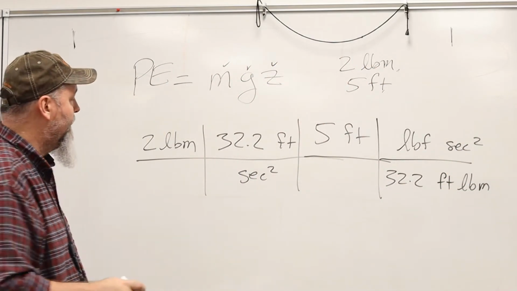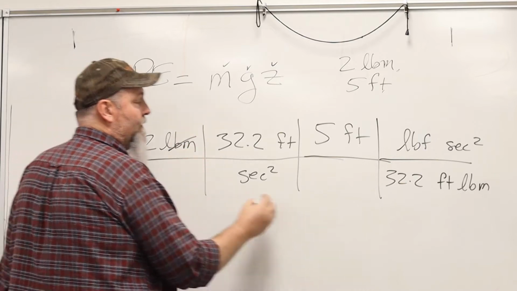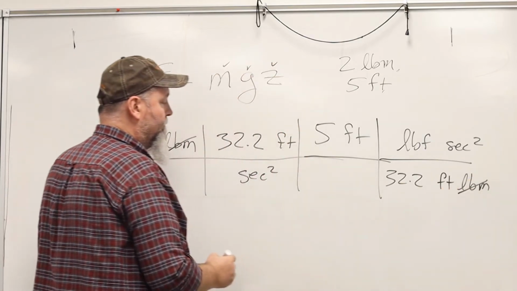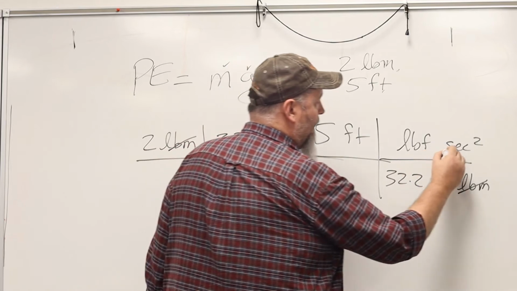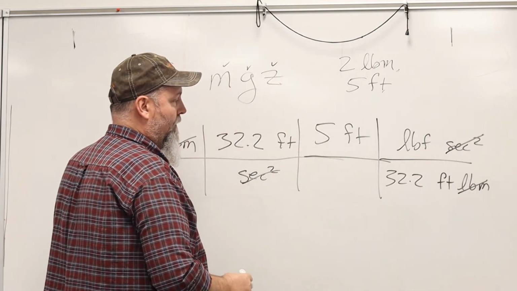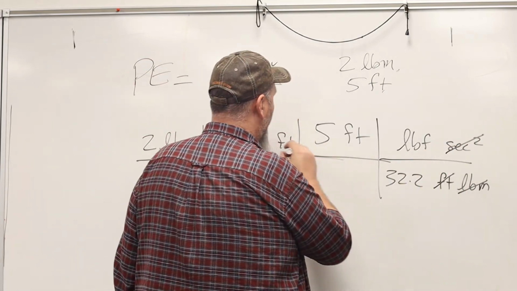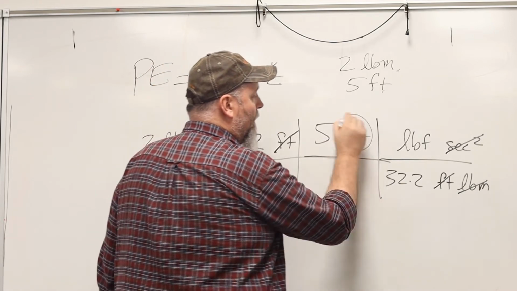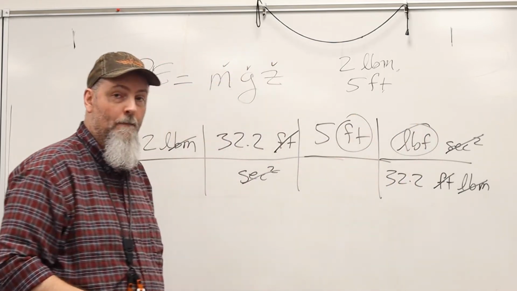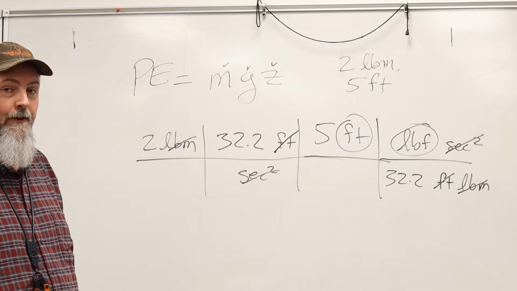Let's check our units. Pounds mass cancels out. Second squared cancels out. One of the feet cancels out. I'm left with foot-pounds force. I'm pretty sure this is going to work.